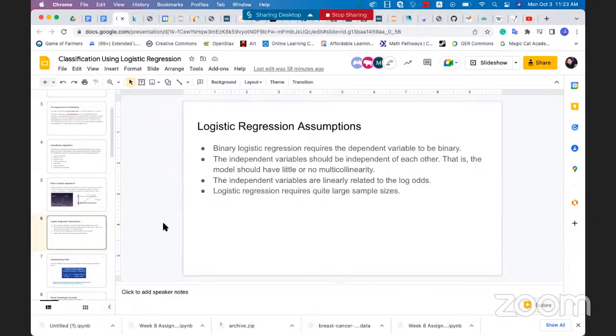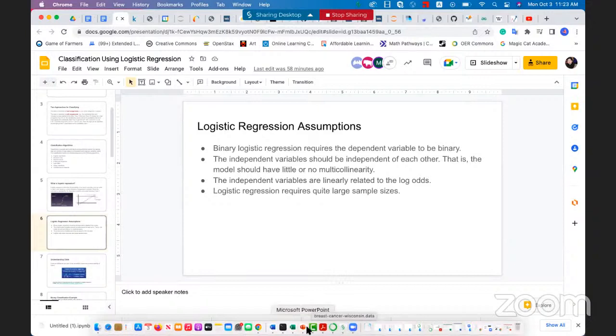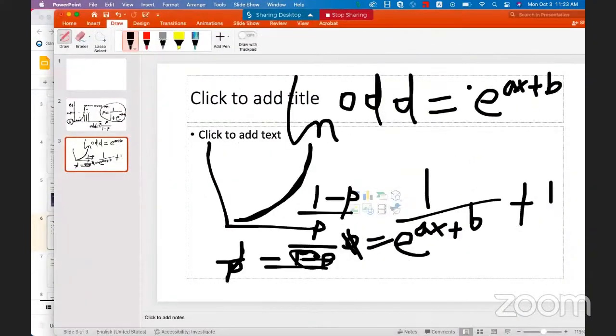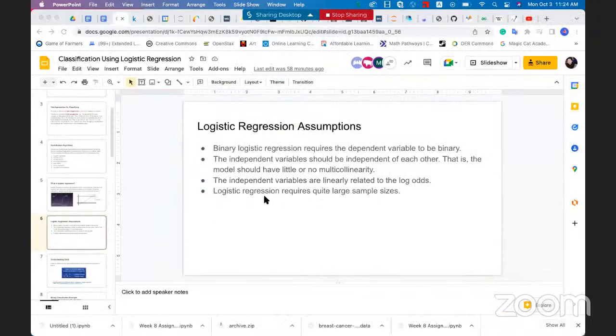And the independent variables are linearly related to the log odds. So the log of the odds is linearly related to the x. And also this method requires a large sample size.